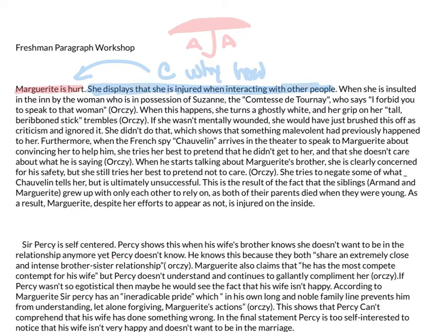Well, how do you know she's hurt? She's displaying it when she interacts with other people. The other thing is a claim should be an opinion, and this is an opinion because there were lots of people that when we were back in chapters 5 and 6 pretty much hated Marguerite because of how she came off. So this is definitely an opinion-based claim. So let's take a look at the next thing.